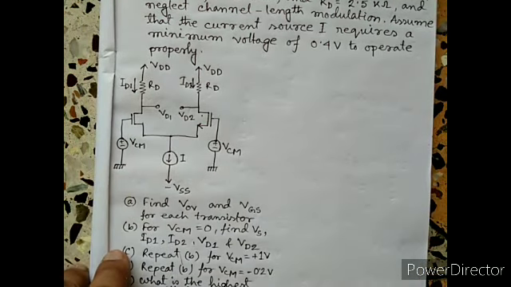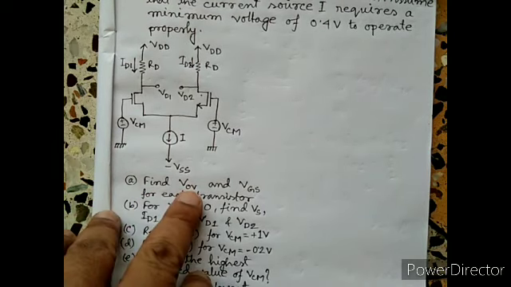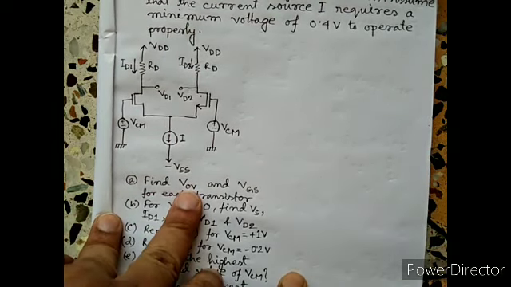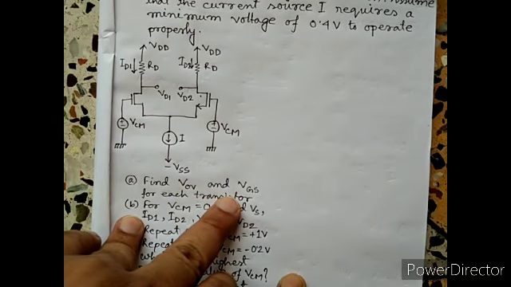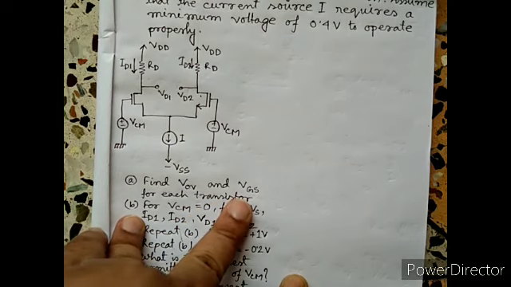Now what we have to find out? First, find the overdrive voltage and VGS for each transistor.